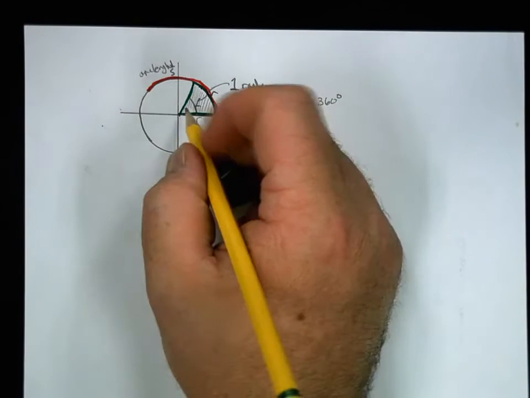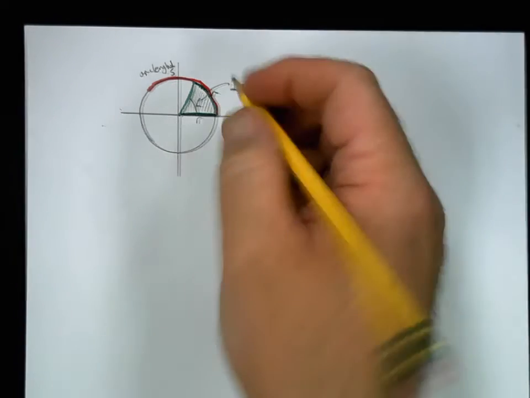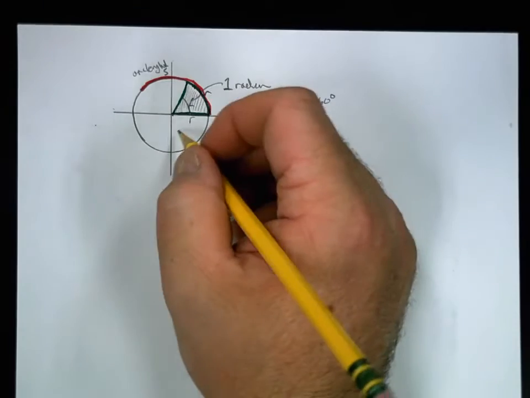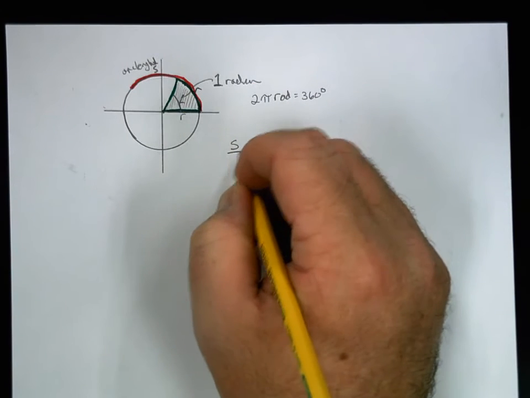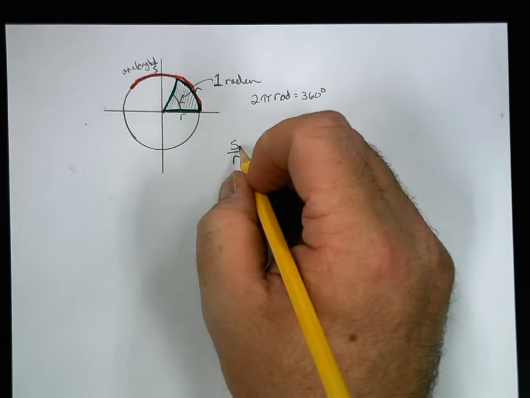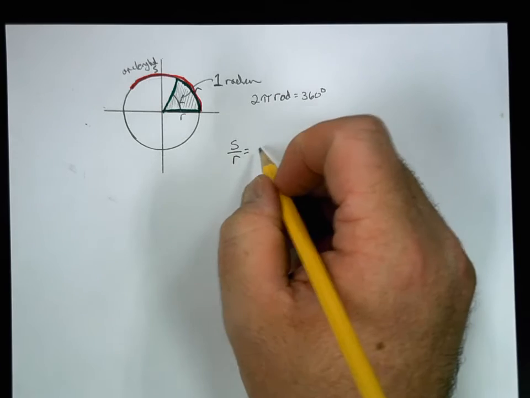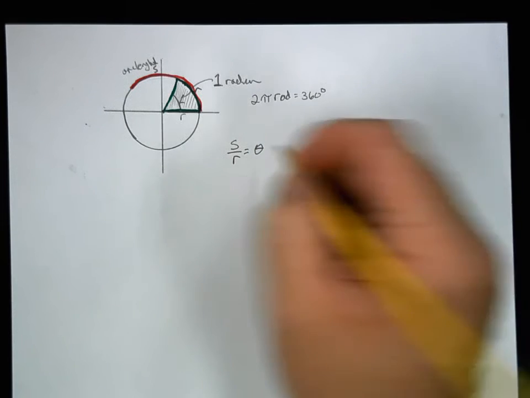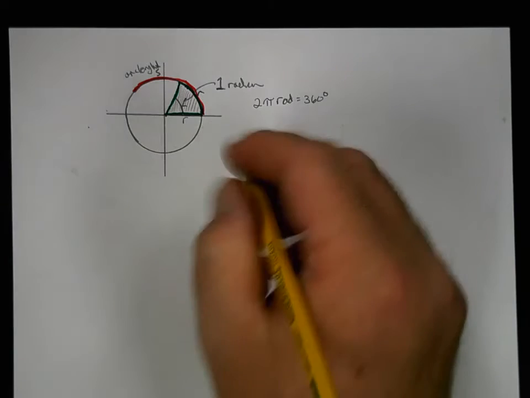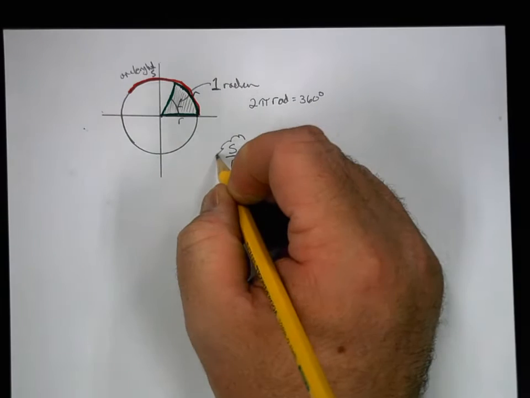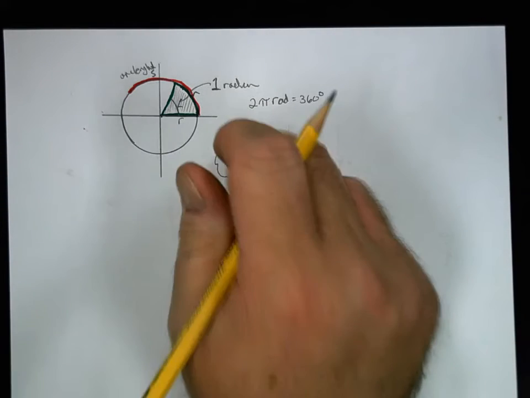If we divide that by the length R, because that's how many radians there are, we take that S and we divide it by R. So the arc length divided by the number of radii, the number of radians in that angle, is going to give us our theta. This winds up being a very important concept when we start dealing with rotational equations.